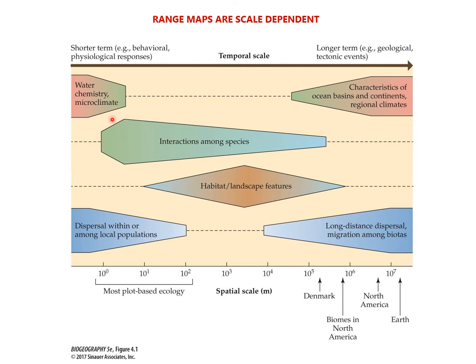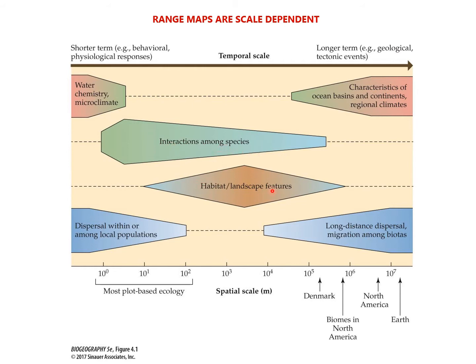You're going to get some microclimate stuff and maybe some dispersal within or between local populations. And as you move up in scale, you're going to get different factors that are influencing the size and area of the geographic range. You're going to see interactions among species.